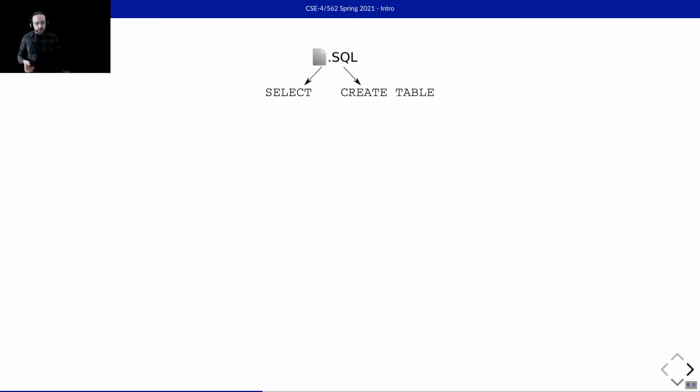We will also give you CSV files, and the create table statement is essentially just a statement that says there is a CSV file with actual data, and it has the schema that is defined by the create table statement. And I'll clarify that a bit more moving forward.